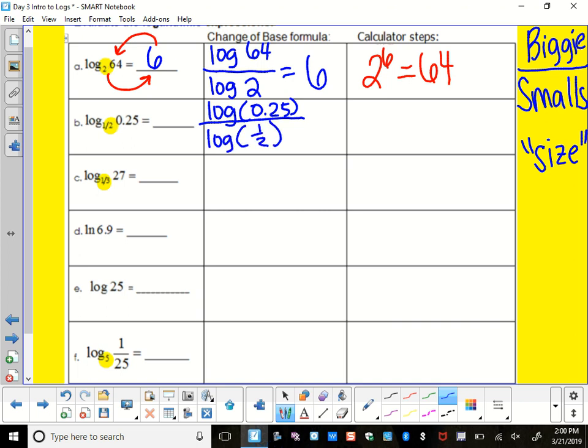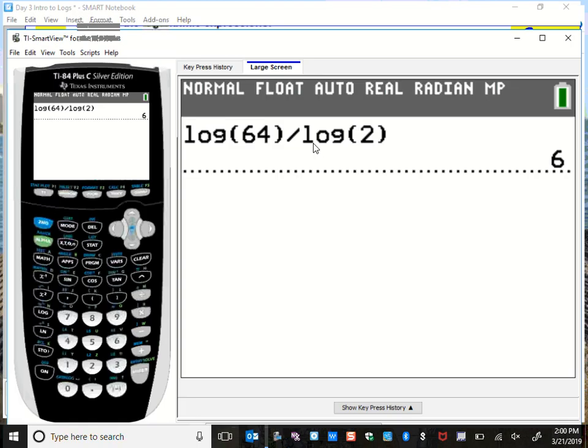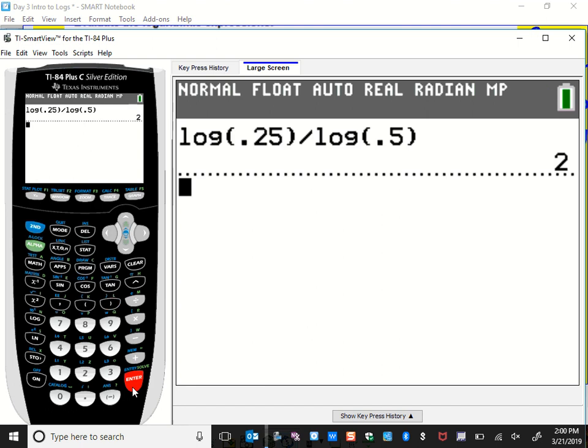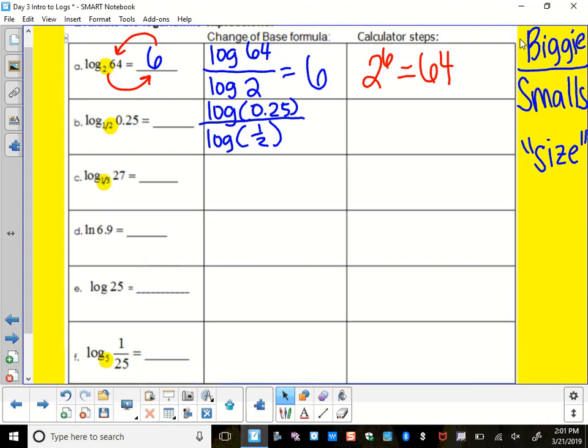All right, grab your calculators. So I have log of 0.25 divided by log of 1/2 or 0.5. You can write either one. You get 2? All right, good. So this equals 2.